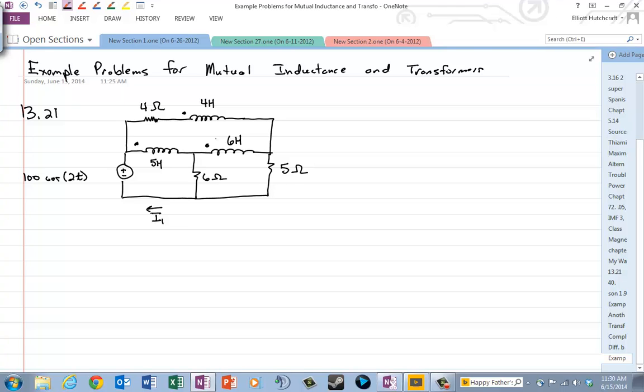So we have that. The mutual inductance between the 4 and the 5 Henry, remember, needs to be related. It's got that coupling coefficient, but you don't expect it to be more than the square root.